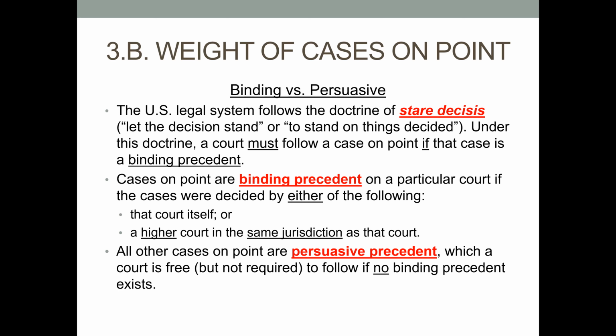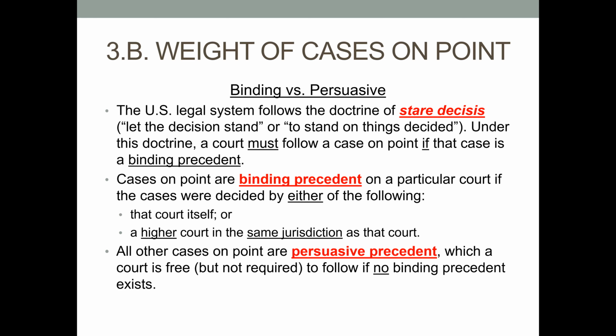That means a case on point that does not meet the standard for a binding precedent, but a party would argue that and try to persuade the court to follow it. Now, in that situation, when there is no binding precedent, but there is persuasive precedent, well, the court is free to consider the persuasive precedent, but since it's merely persuasive, the court would not be required to follow it if the court didn't want to.